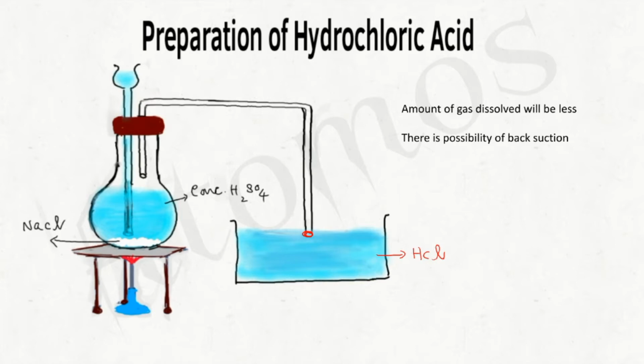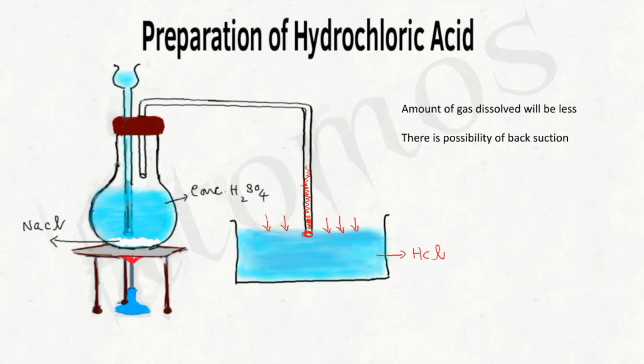In case, for a moment, the production of hydrogen chloride gas from the main apparatus is delayed, it will create a vacuum inside this delivery tube. Because of the atmospheric pressure from outside, water is forced back up the delivery tube, so the water level slowly rises.